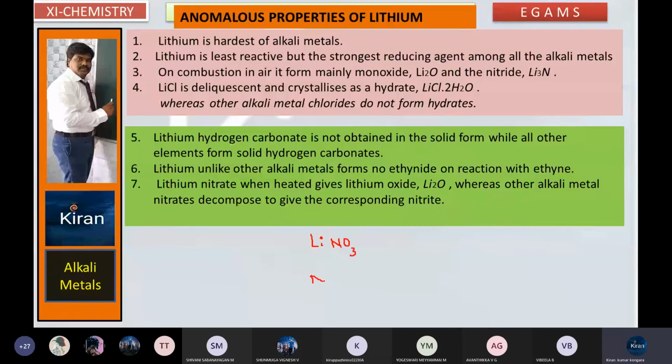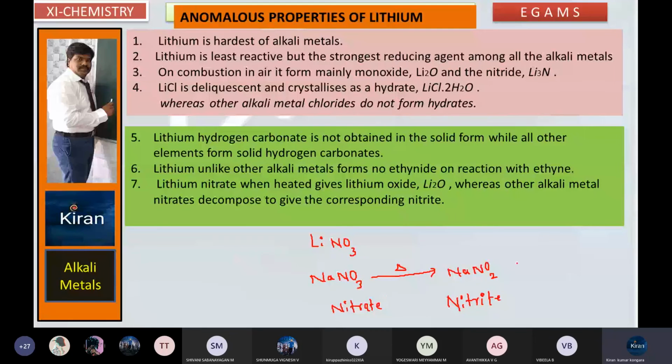Sodium nitrate, I am taking NaNO3. When you heat this sodium nitrate, maximum all nitrates upon heating will give sodium nitrite, NaNO2. This is nitrate, and this compound is nitrite.